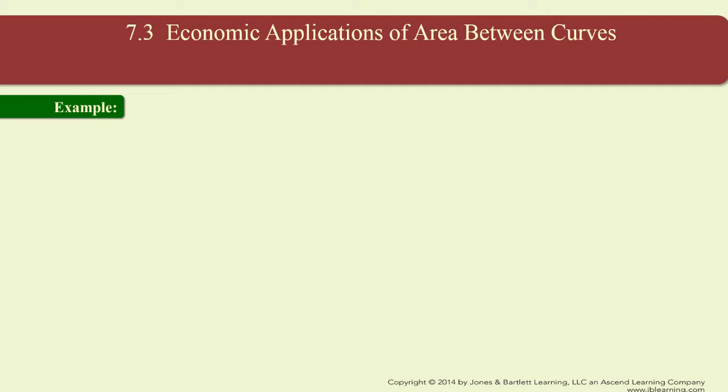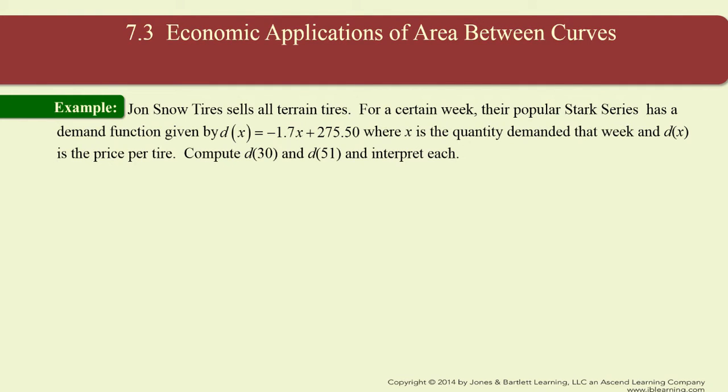To make sure we understand this, let's do a quick example. John Snow Tires is selling some all-terrain tires. For a certain week, their popular Stark series has a demand function given by D of x equals negative 1.7x plus 275.50.